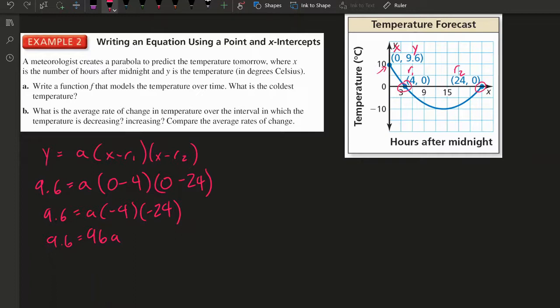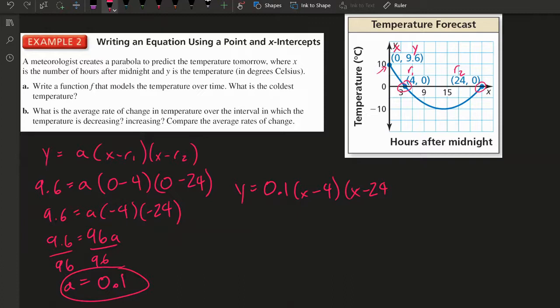Now this one works out very nicely because if we divide by 96, we get a is equal to 0.1. So that means that our function is y is equal to 0.1 x minus 4 x minus 24.